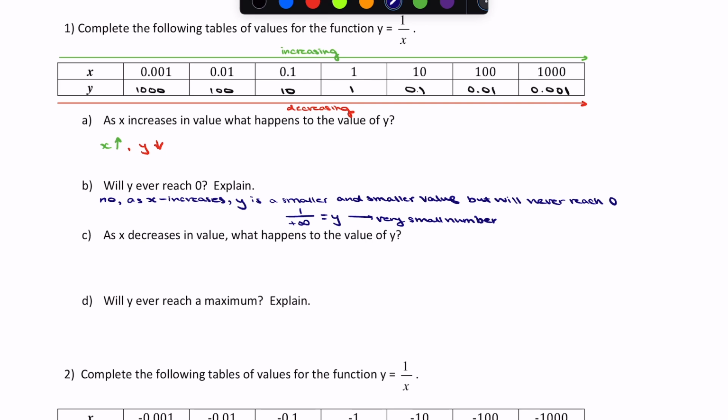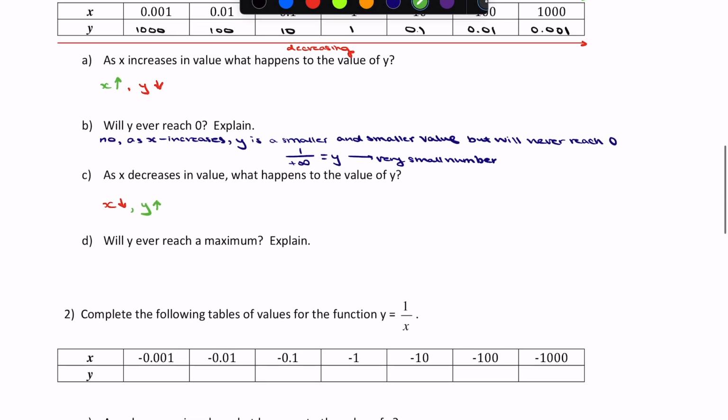And then as x decreases in value, so if we go the opposite direction, our y values will increase. Okay, and so will y ever reach a maximum?